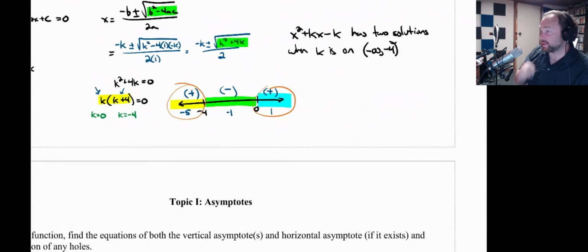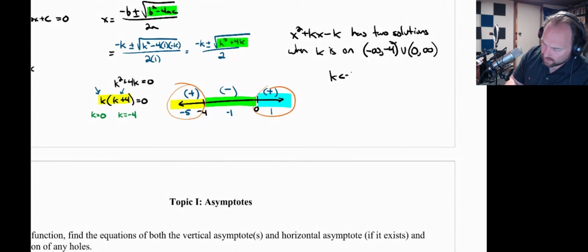We don't want to include negative 4 here because negative 4 is where it equals 0. We're going to union this together with the set of numbers from 0, comma, infinity, like that. And that would be the proper verbiage to say k is on those intervals. You could also say k is less than negative 4 or k is greater than 0. That works too. That's fine.